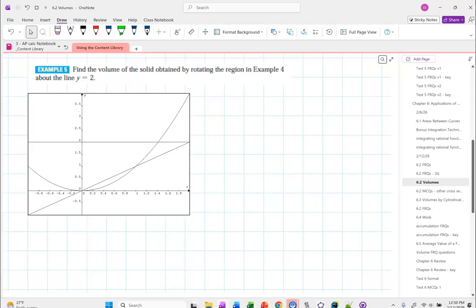But this time we're going to rotate about the line y equals 2. So we're still talking about this same region here, but now we're going to be rotating about this line. What is this shape going to look like?